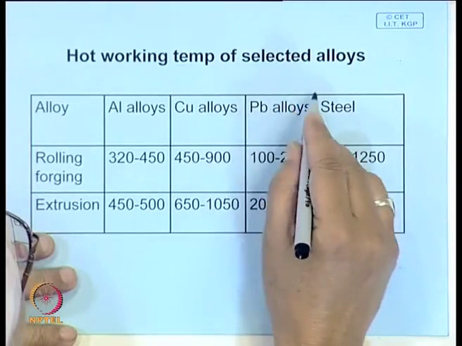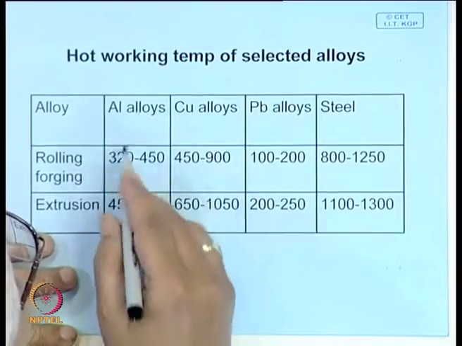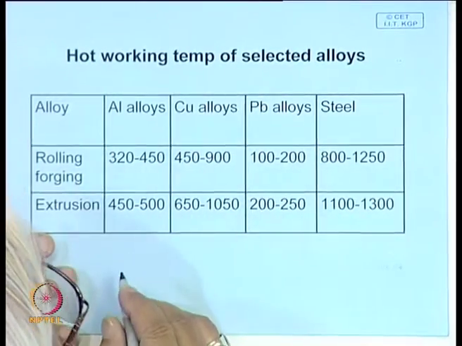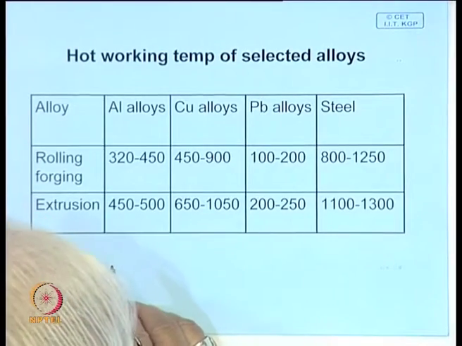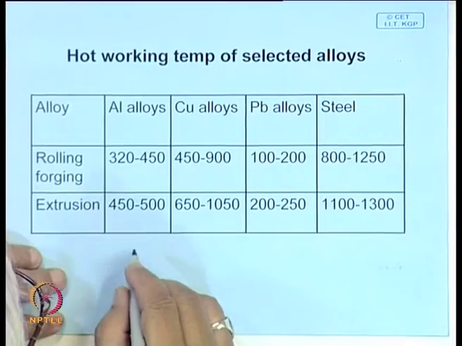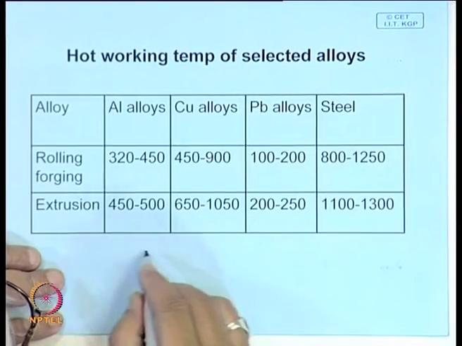Lead has a low melting point, so rolling and forging hot working temperatures for several alloys are given. Another important thing which comes up during hot rolling is that material ductility is often determined by its microstructure.